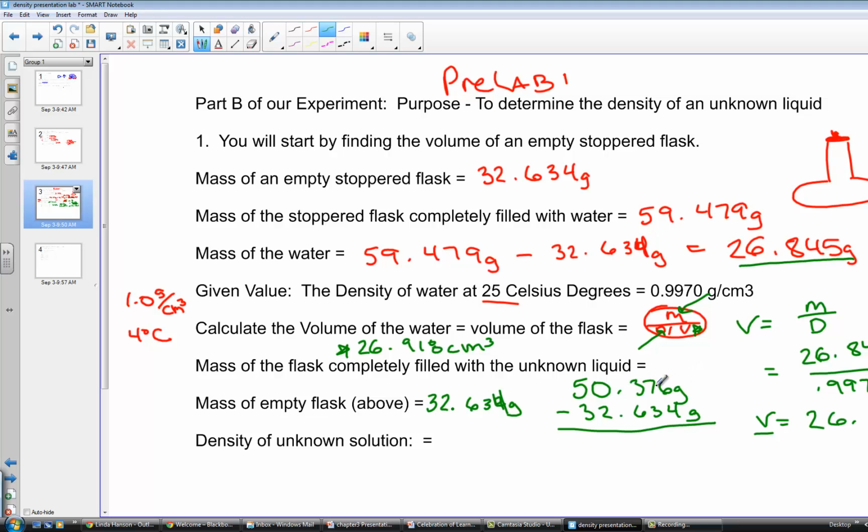So here's the mass with this brightly colored solution in it sitting on the scale. Let's get rid of the empty weight and see the difference. The difference in mass must be the actual solution. So on my calculator, 50.376 minus 32.634, and this mass looks like 17.742 grams.